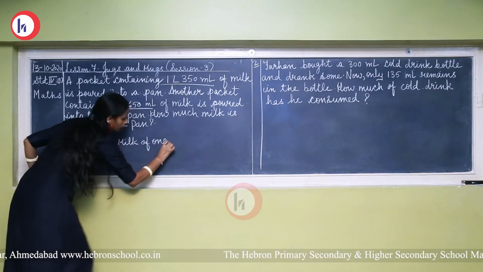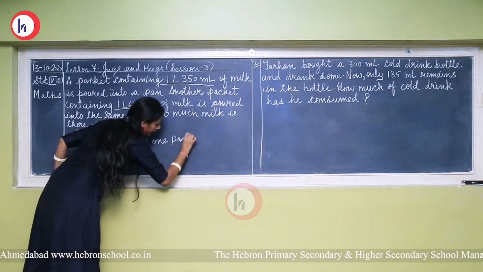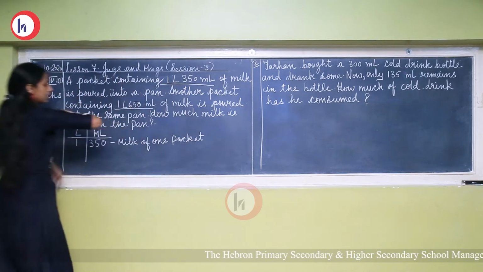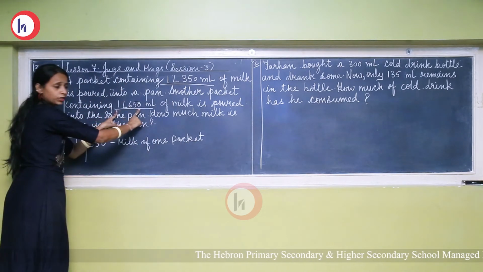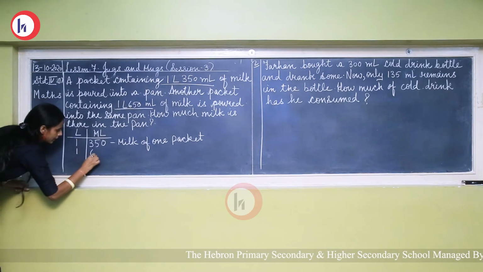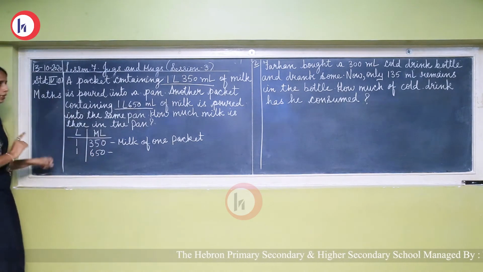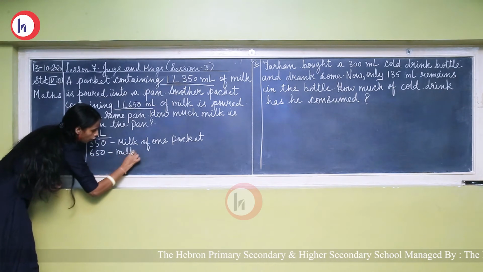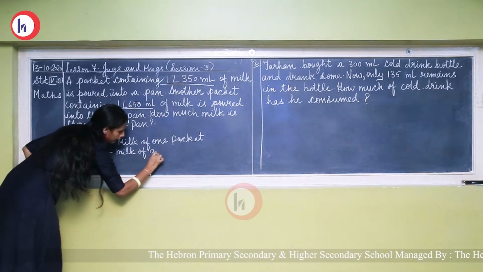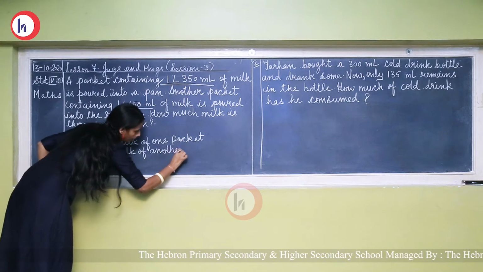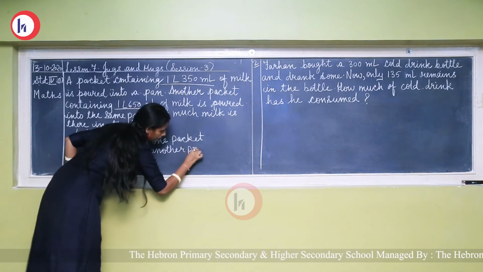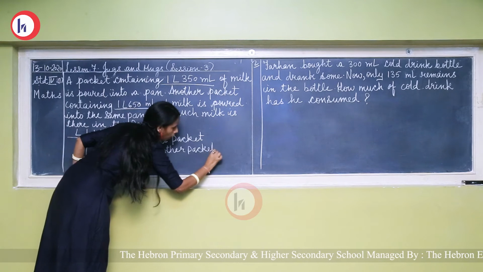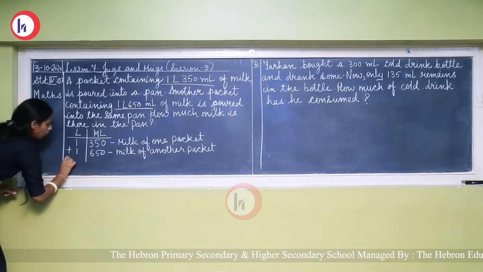Then next 1 liter 650 milliliter. Now what is this? Milk of another packet. Now add it.